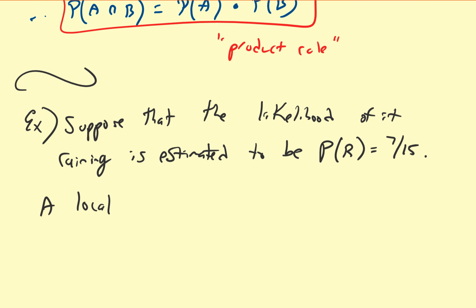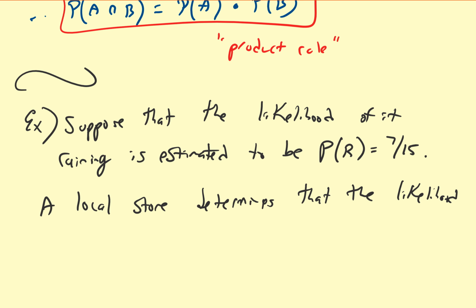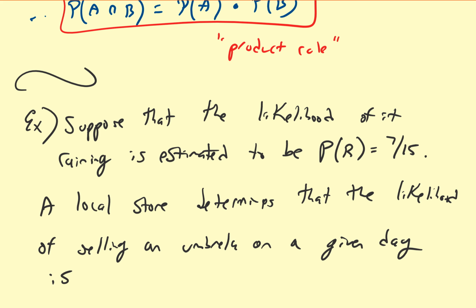A local store determines that the likelihood of selling an umbrella on a given day is the probability of U equals 3 divided by 37.